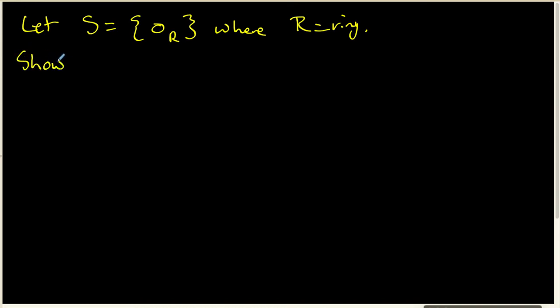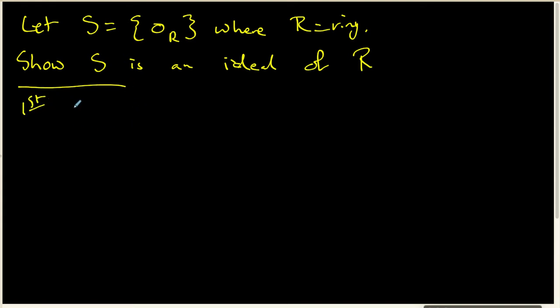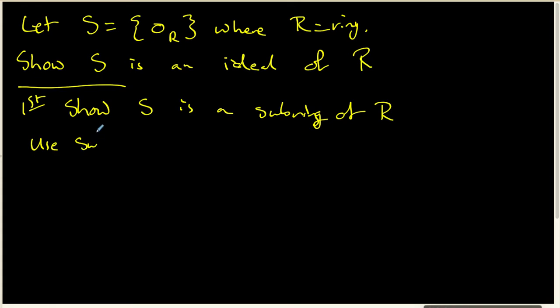So I want to show S is an ideal of ring R. Well, the first thing that I need to do is I need to show that S is a subring, and then I also need to worry about showing that it is an ideal. So I want to first show that S is a subring of R, and I'm going to use the subring criteria.